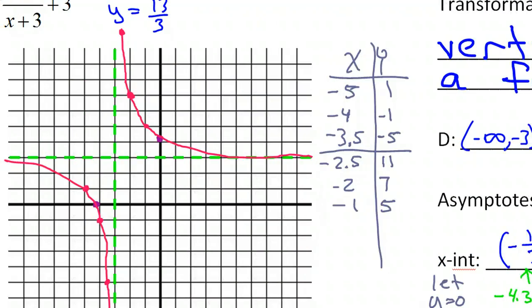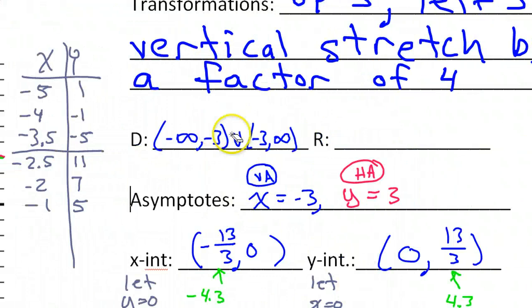And remember, the domain is strictly x values, because we're just looking at the x-axis when we say that. Round parentheses, because you can't equal negative 3.